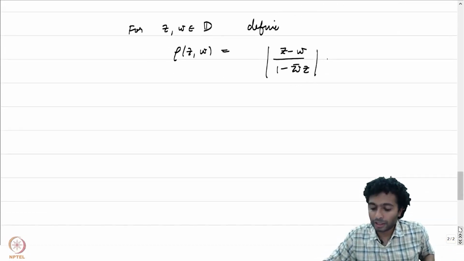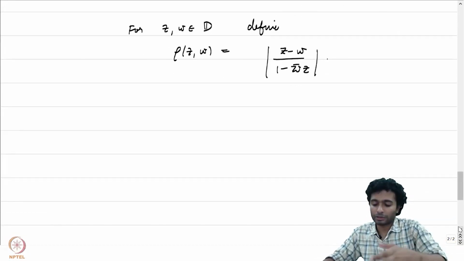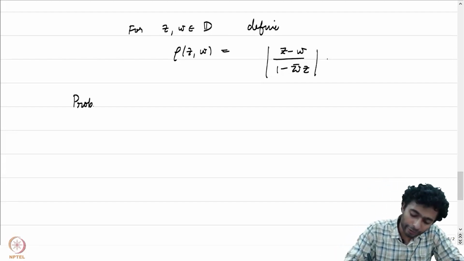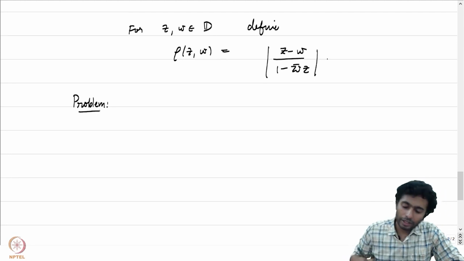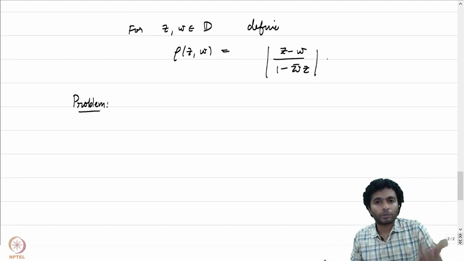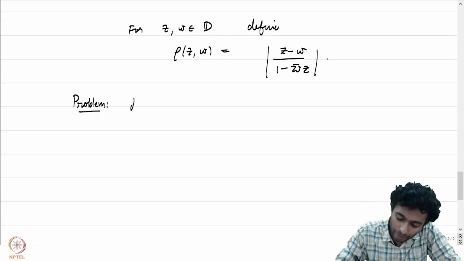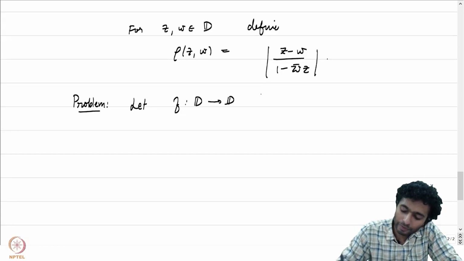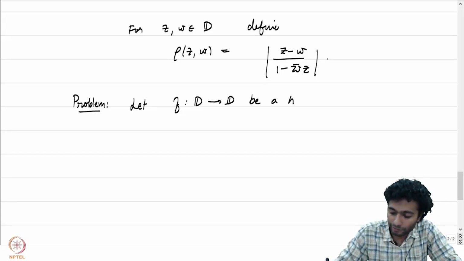So this is some kind of a pseudo distance, let's not bother about that. The problem is the following for you. Let's take the unit disk and a holomorphic self map of the unit disk. Let f from D to itself be a holomorphic map.